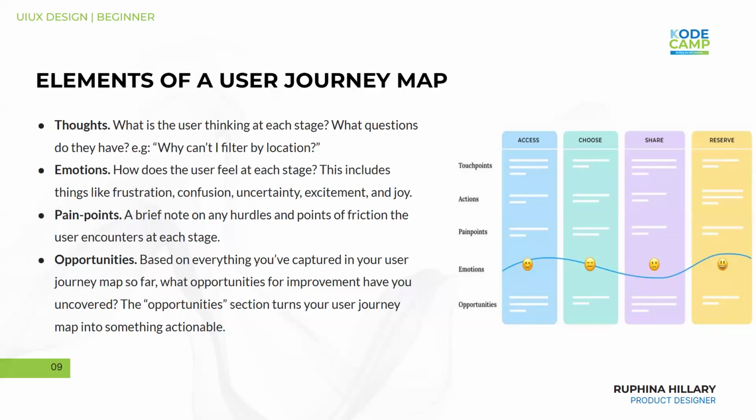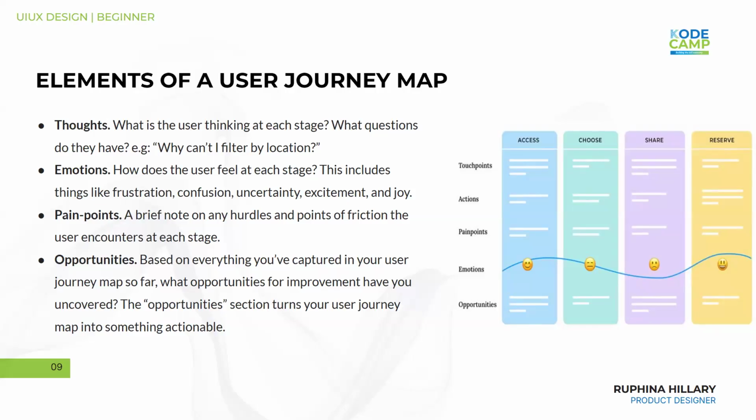As an opportunity, you can find a way to tackle this emotion. How are we going to make them more certain? How are we going to alleviate their fears? Also pinpoint a brief note on any hurdles and points of friction the user encounters at each stage.